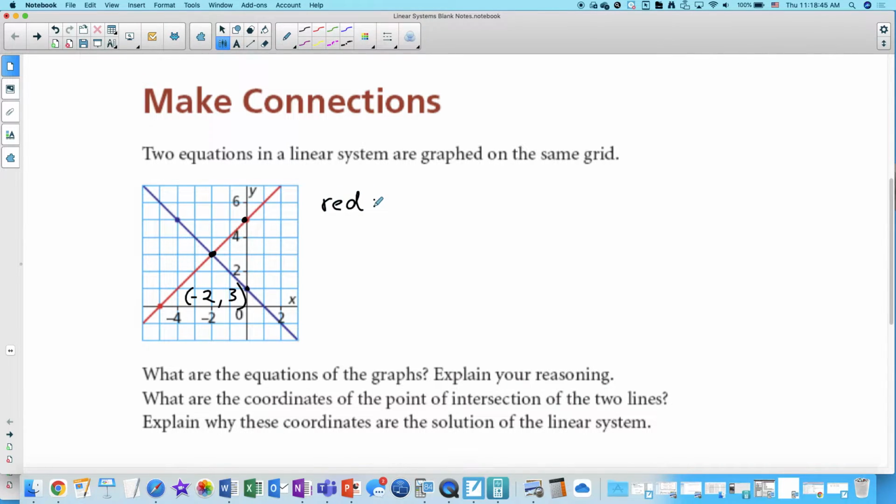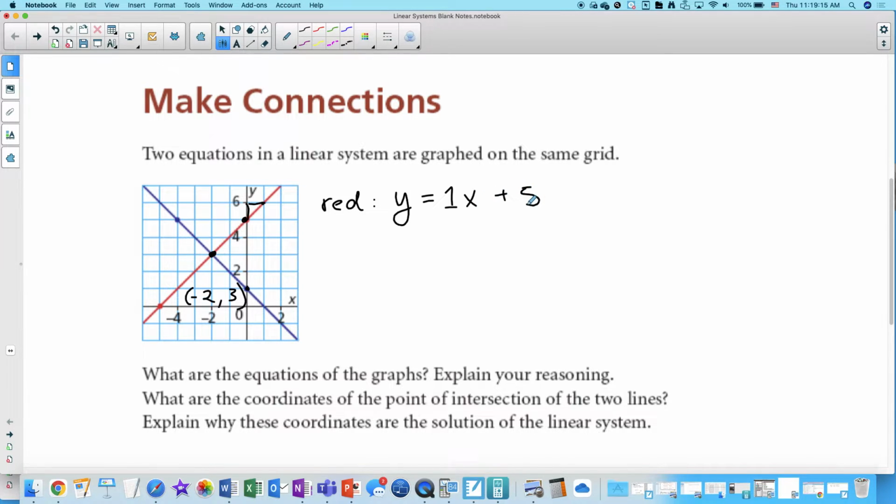Okay. What is the slope of this line? If I'm going from this point to this point, let's say. I'm going up 1 and right 1. So that slope is 1. And then what's the y-intercept? 5. So 1x plus 5. Or you could just write x plus 5.